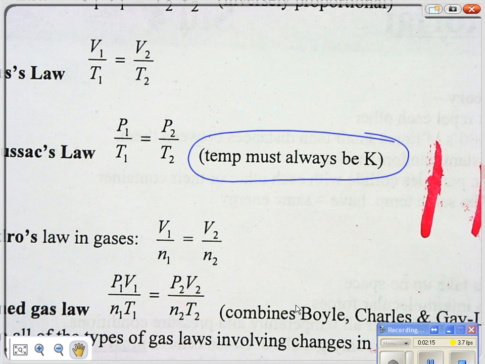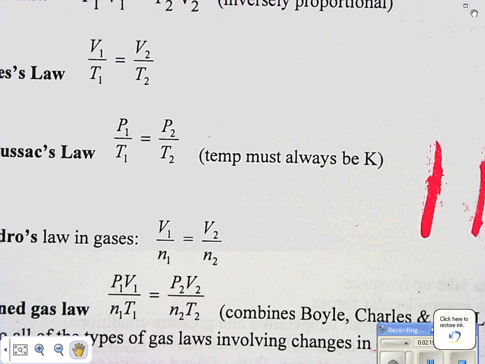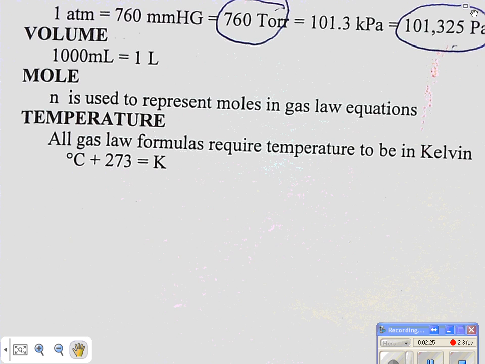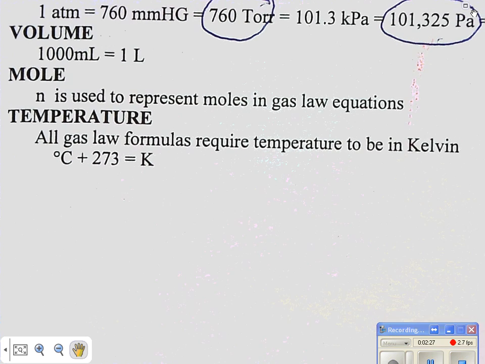Well, you simply go down to the bottom of the paper, and you'll see how that calculation goes. Down at the very bottom of the second page: all gas law formulas require temperature to be in kelvins, and so you see this is your conversion.